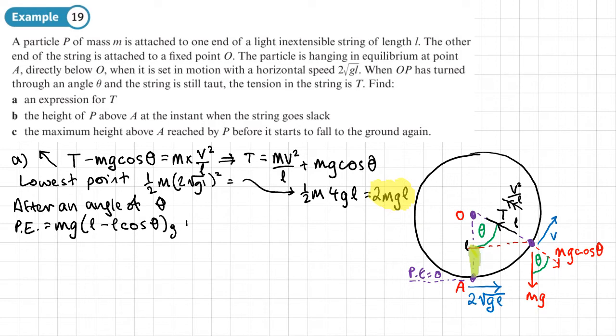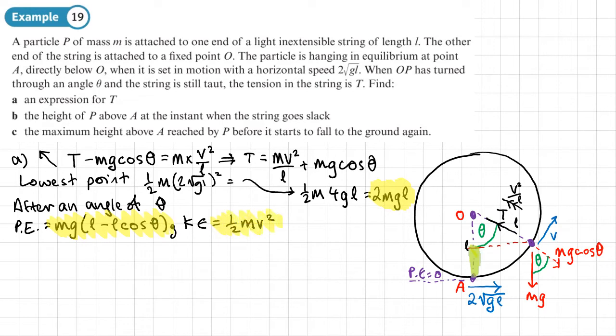Now for our kinetic energy, it's going to be half m, and the actual speed at that point we'll call v, so it's half mv squared. So our total energy at the lowest point is going to be equal to the total energy at this angle of theta.